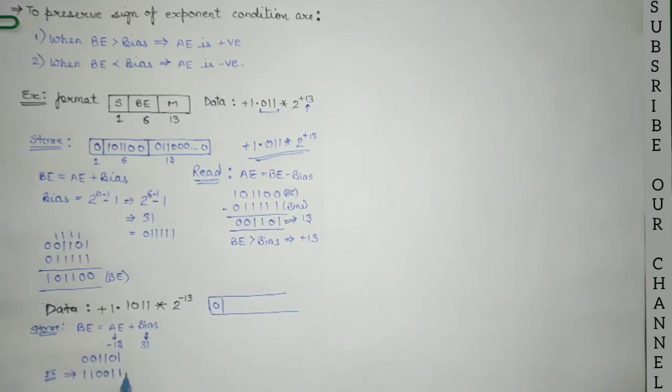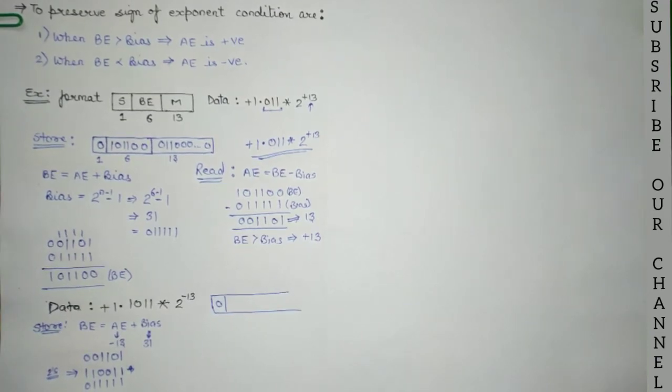And what is 31? Now I'm just writing out this 31. Let me write it down here only. So this 31 is 0 1 1 1 1 1. So if you add these two values, I hope it is clearly visible to you all, right?